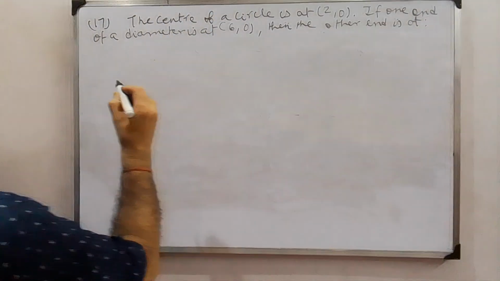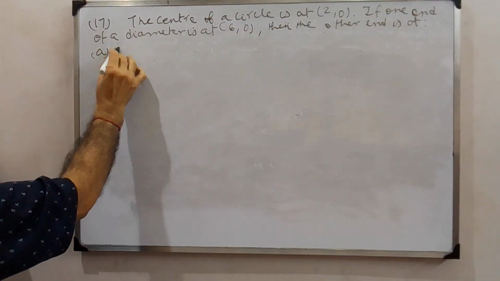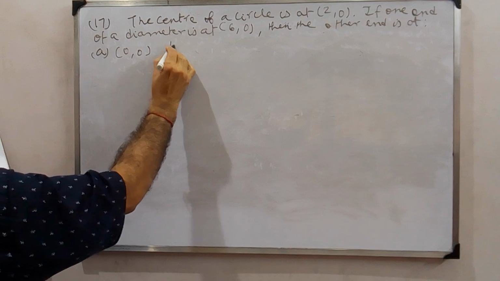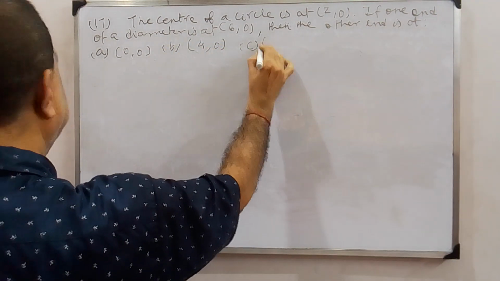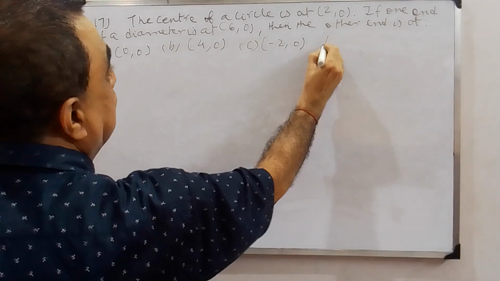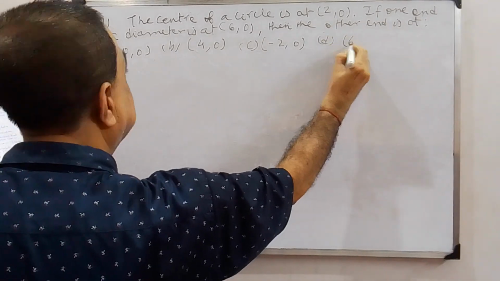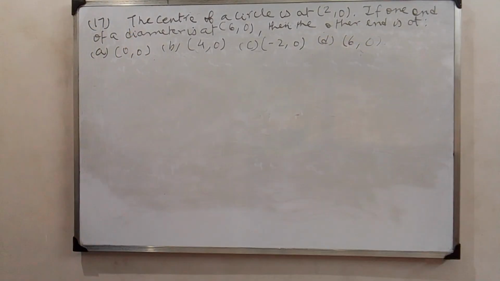Now the four choices are given. Number A is 0, 0, number B is 4, 0, number C is minus 2, 0, and number D is 6, 0.